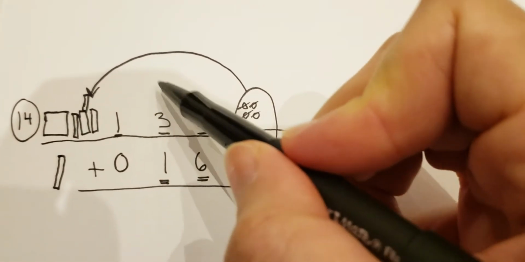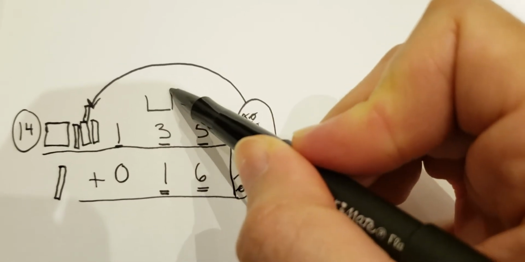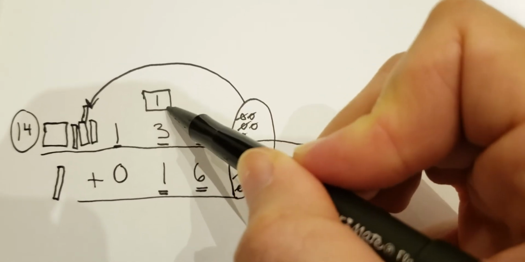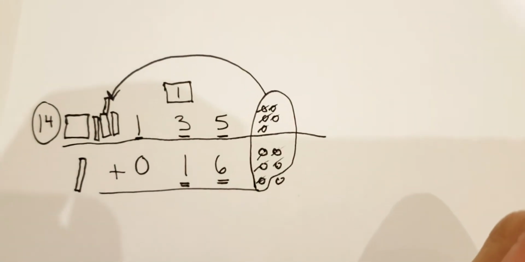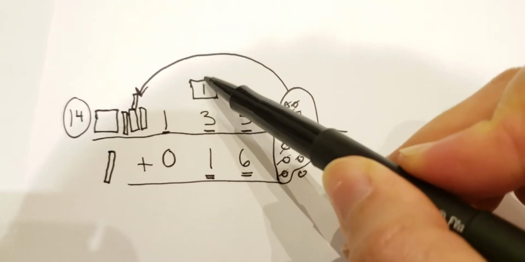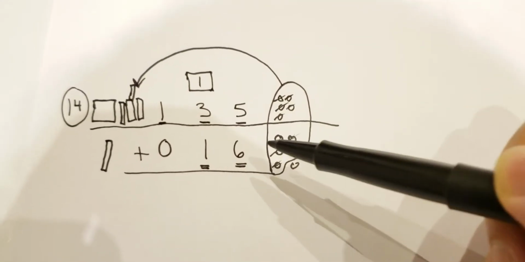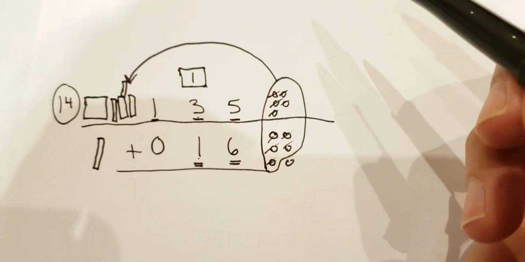Now when we do that, we must show that we added one more 10 to the tens place value. Sometimes I see students miss this step and they get the problem wrong because they want to do 3 plus 1, not adding that extra 1 ten there.